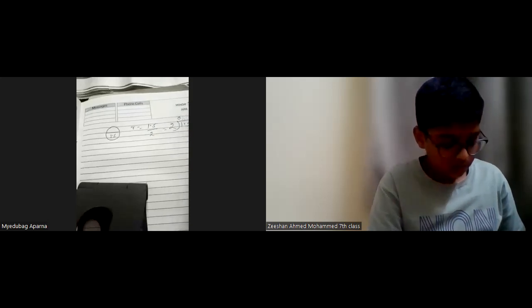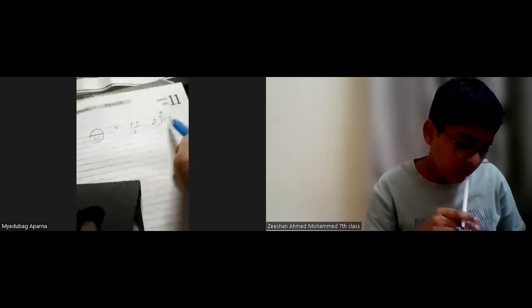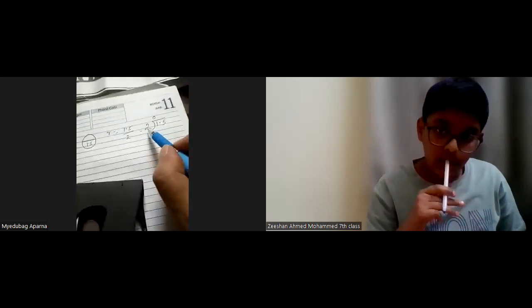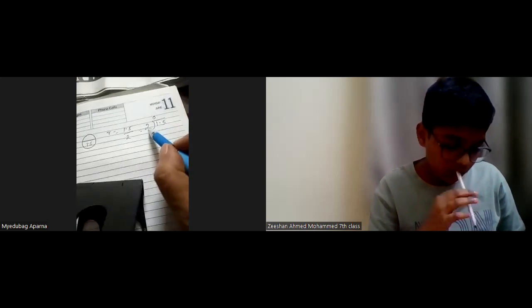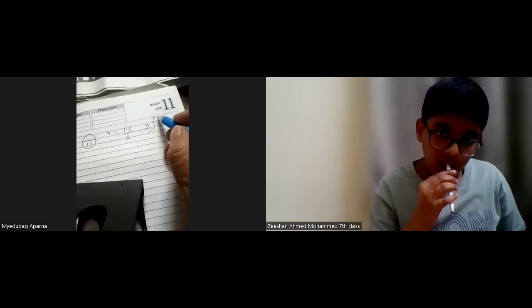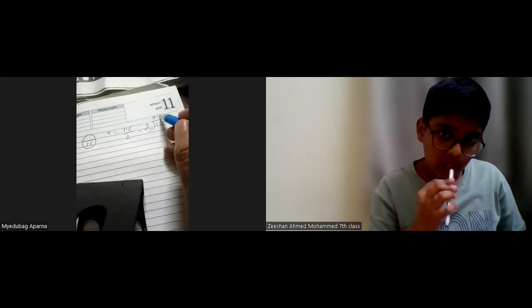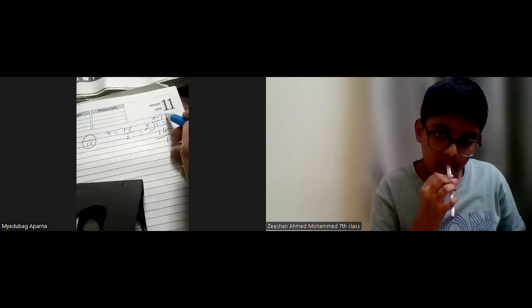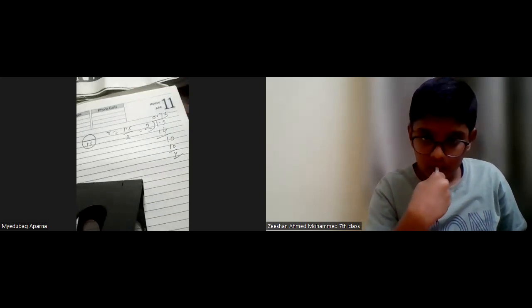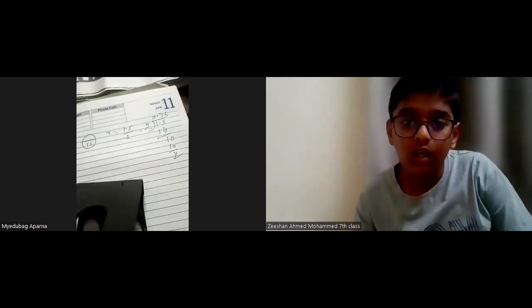Not 7.5. See here. This is 1.5 divided by 2. 1 is smaller than 2, so we can't divide. Put 0 here, then put the point. Now 2 sevens are 14. 1 is the remainder, put 0 here. 2 fives are 10. So 0.75.